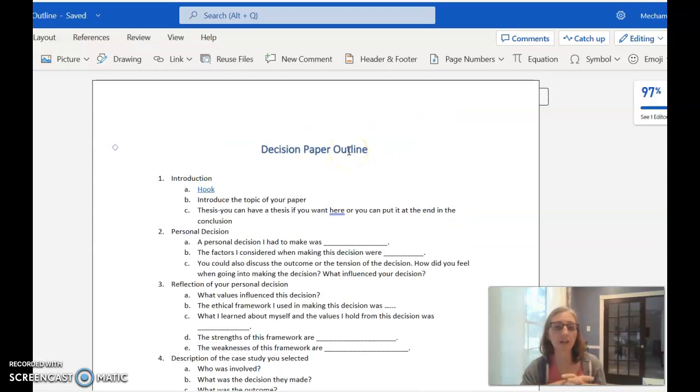When you write, it's good to think about the different snapshots throughout the writing, like when you read a novel. For instance, let's talk about Harry Potter. You have the snapshot of Harry Potter in his life before he knows he's a wizard, and you learn about what happens there.